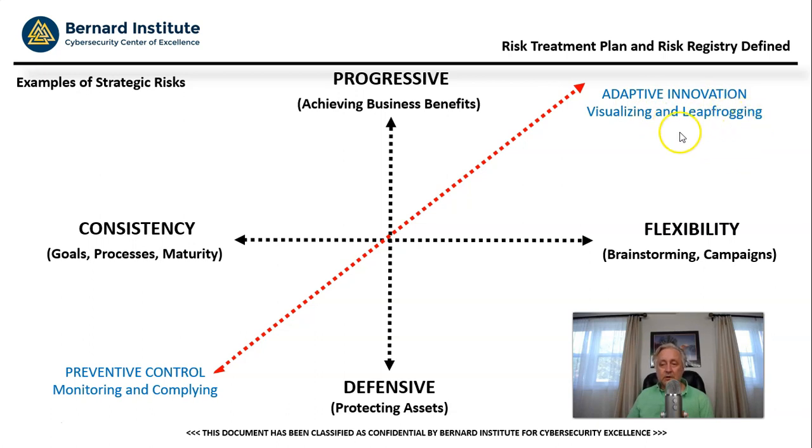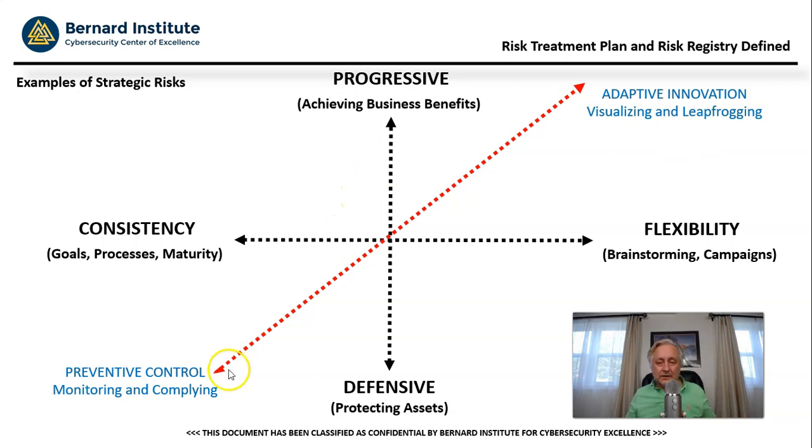If you know what leapfrogging is about, it's when you have that innovation leapfrog forward. And this is what makes companies rich. It's what makes countries rich: the more innovation you can do, the higher your GDP will be, or your revenue streams.